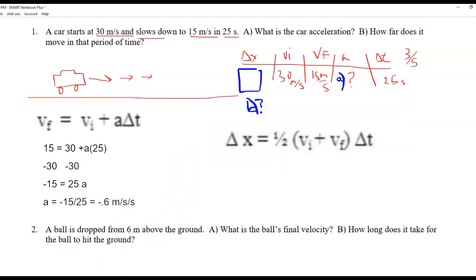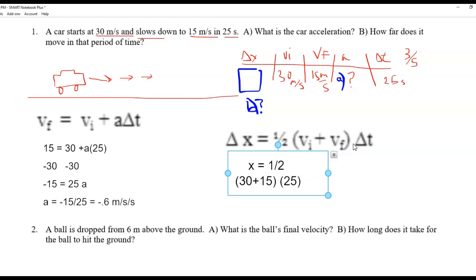And I'm going to start typing in my values. So if I had the displacement, that's what I'm looking for, so I'm just going to leave that as x. I'll want to write in the delta, 1/2. Vi is 30, Vf was 15, and then we have a time of 25.